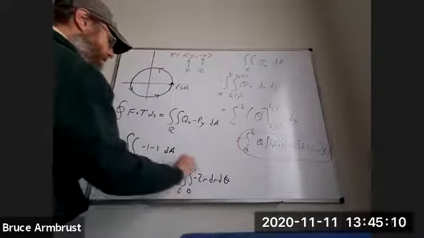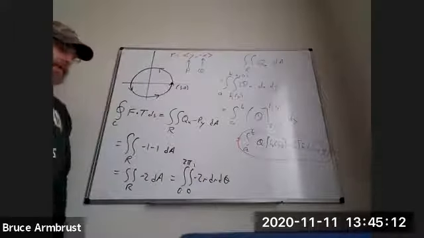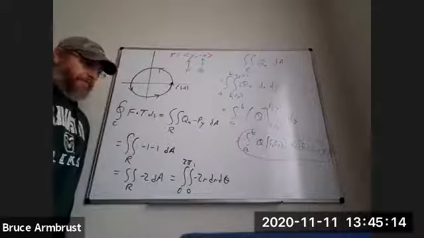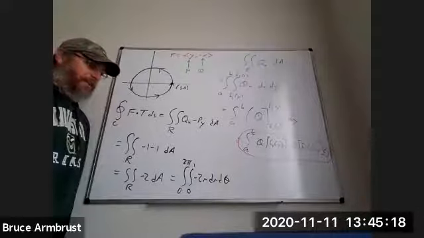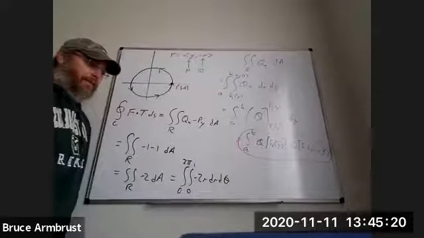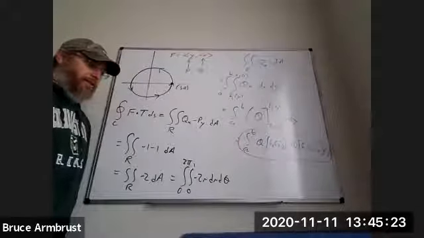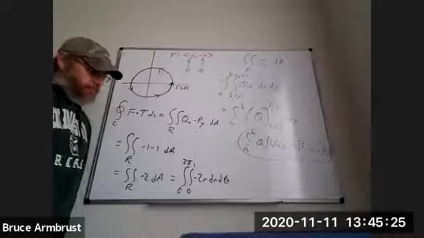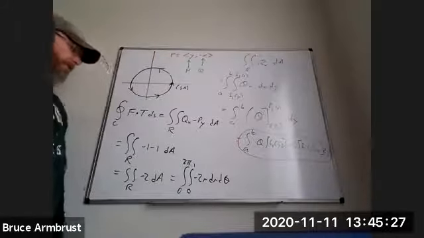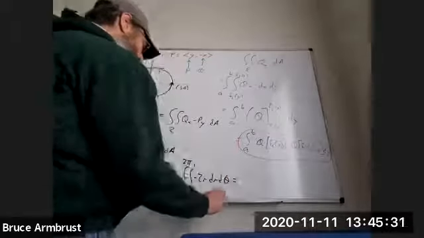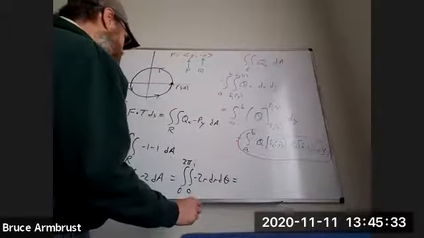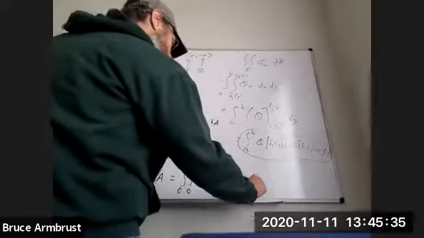The thetas go from 0 to 2 pi, which is also a very easy thing to calculate. So go ahead and do that calculation. And you get what you get. It should be -2 pi.